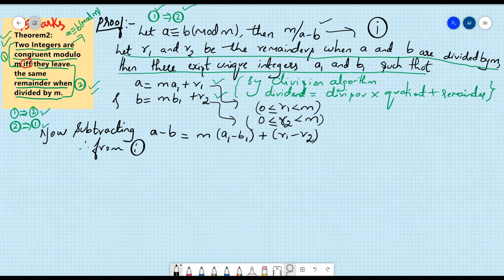Therefore, from equation I, I can write M divides A minus B, and in place of A minus B I write the same thing: M of A1 minus B1 plus R1 minus R2.